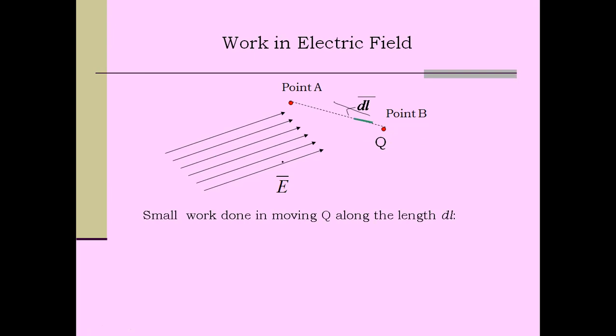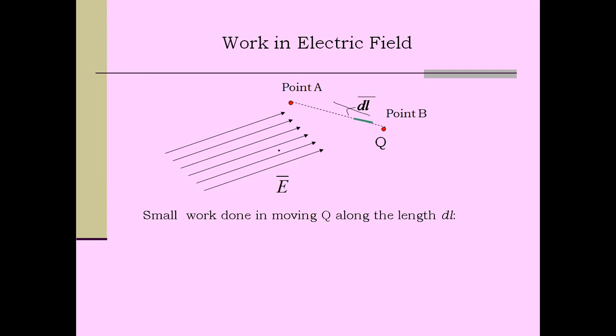In this particular case, there should be external work which needs to be done. External work is used to move the charge Q from point B to point A in the existence of the electric field.